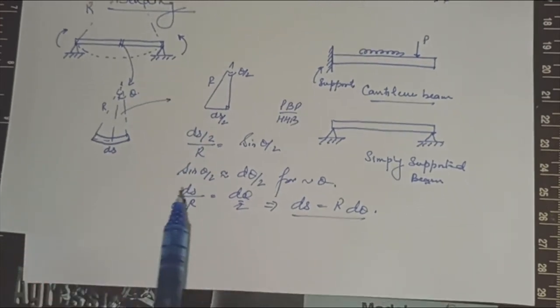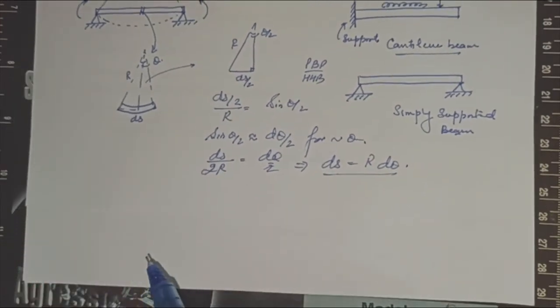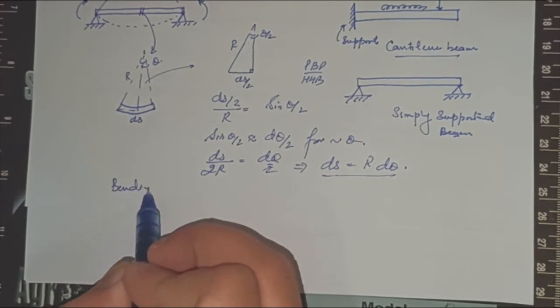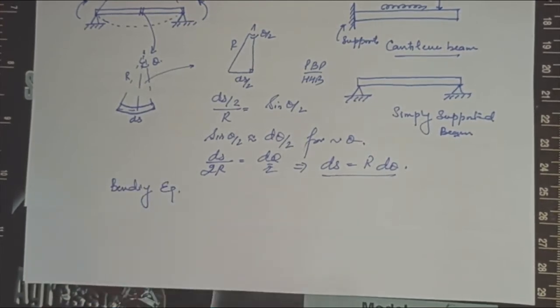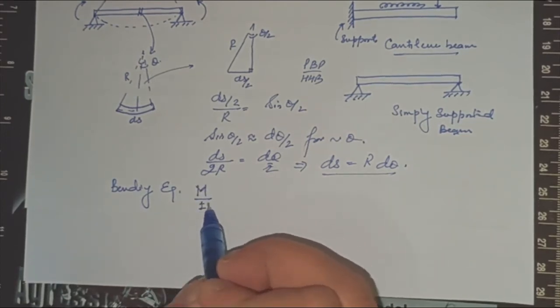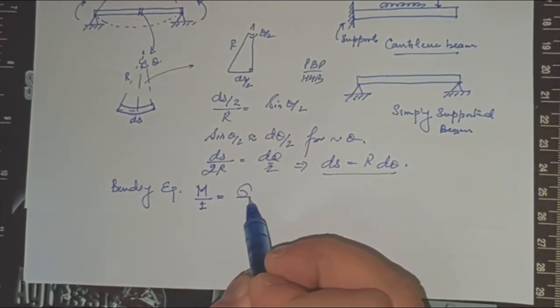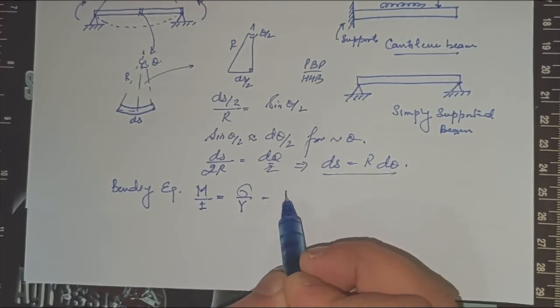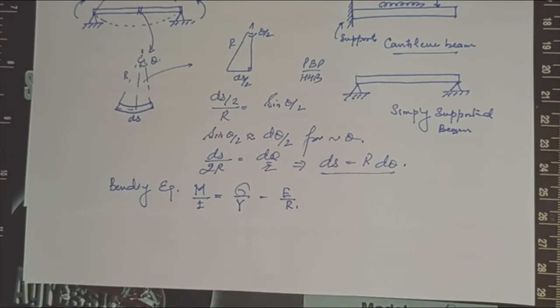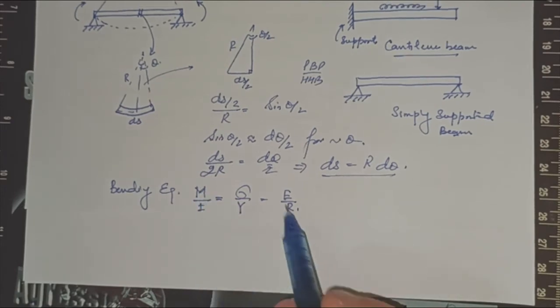The bending equation is M upon I is equal to sigma upon y is equal to E upon R. Let me tell you some of these variables.